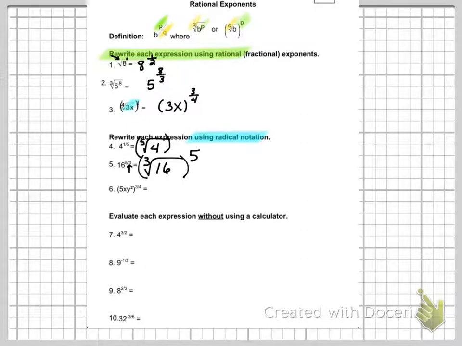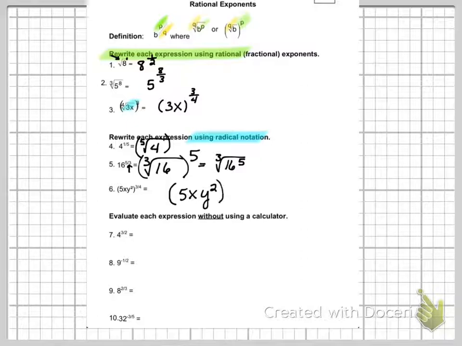Now, it's especially important when you have parentheses like this. This one you could just as easily write as the cube root of 16 to the 5th, and that would also be correct. But with this one with the parentheses, it's really important that you write it like I've written the examples in 4 and 5. So you're going to have 5xy squared.